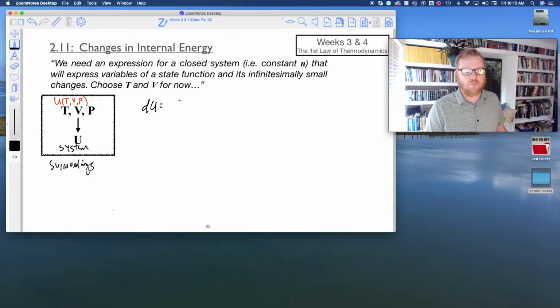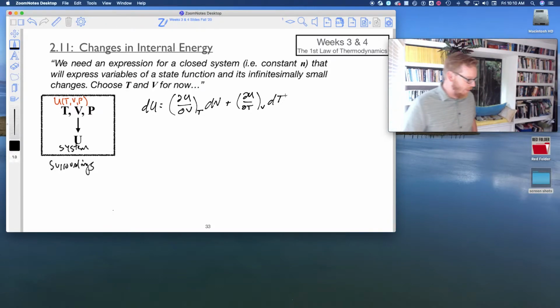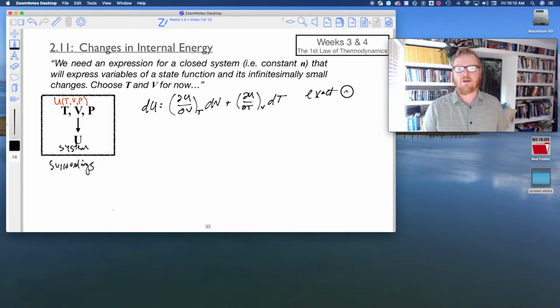I can say now the partial of U with respect to V at constant T dV plus the partial of U with respect to T at constant V dT. Okay, so I've built up my exact differential expression.